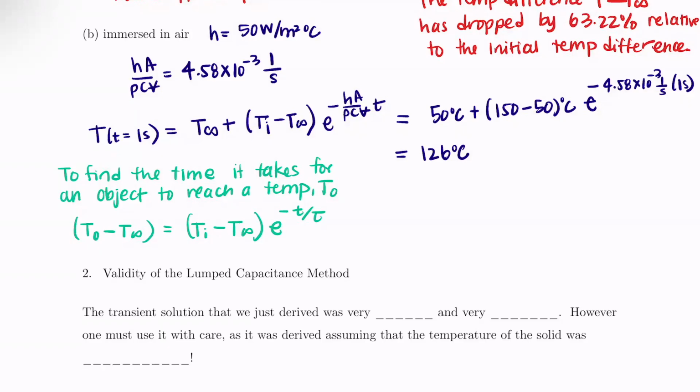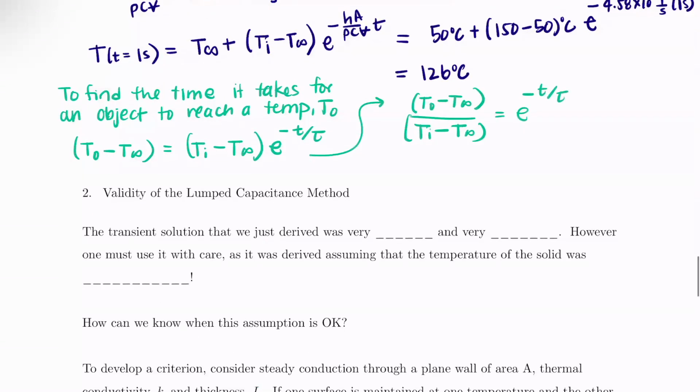What I'm going to do is divide both sides by Ti minus T infinity. So I have T naught minus T infinity divided by Ti minus T infinity is equal to the exponential of minus t over tau. Now I'm going to take the natural log of both sides. So I have natural log of T naught minus T infinity over Ti minus T infinity is equal to minus t over tau.